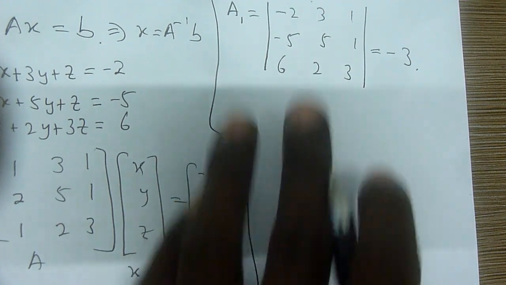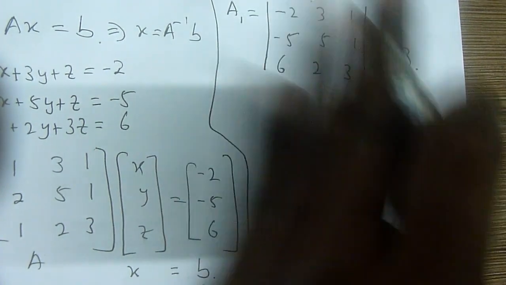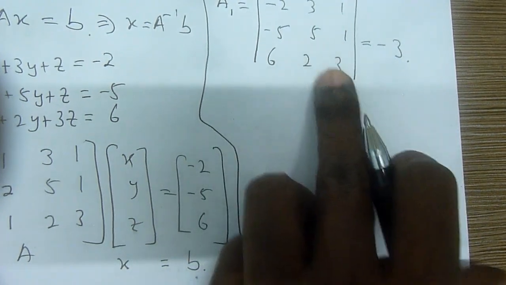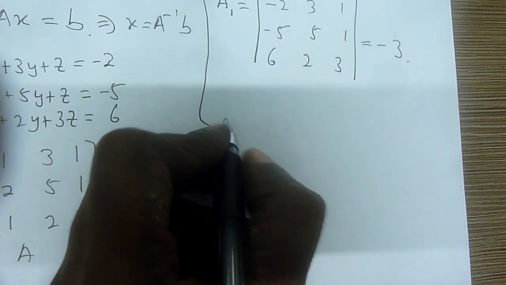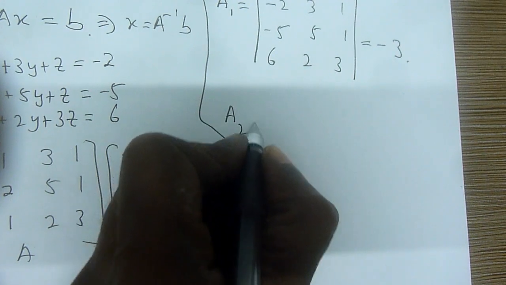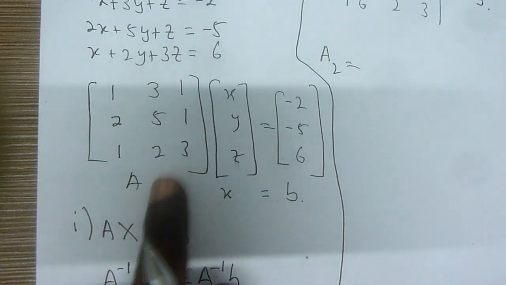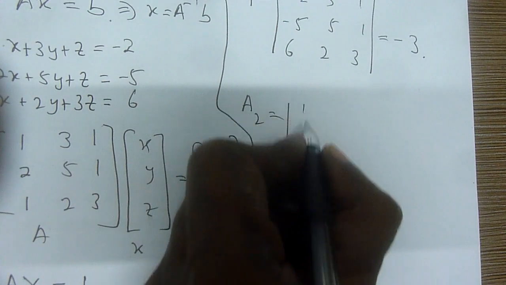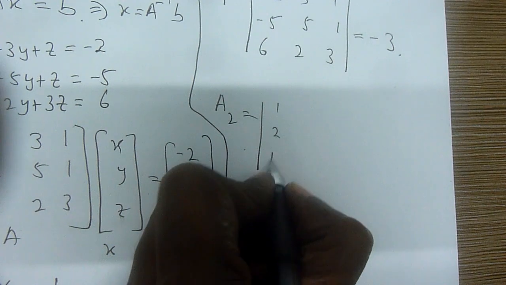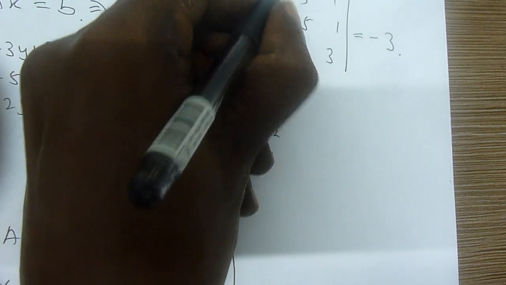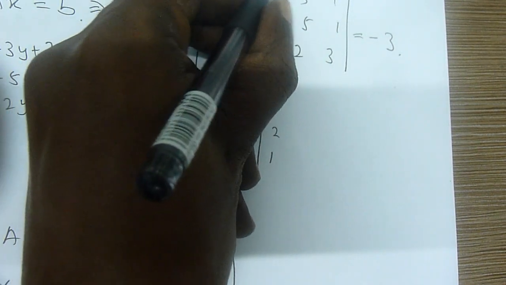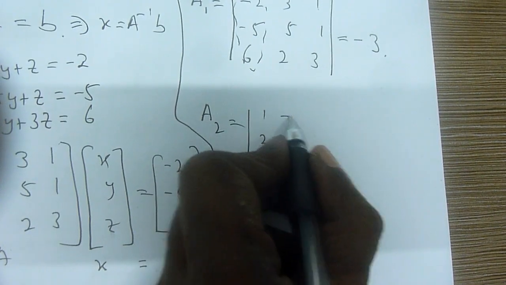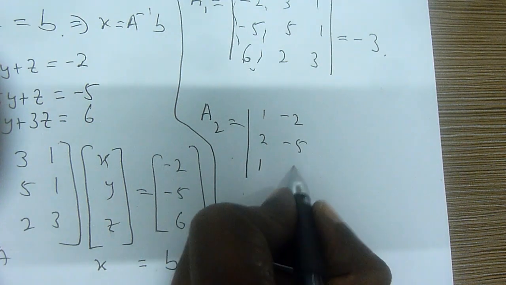Now, I will not teach how you solve the determinant. Maybe you can use a calculator or whatever, no problem, but please learn how to find the determinant anyway. A2, similarly you go to column 2. Remember that I forgot to put this, this is coming from the B. This is -2, -5, 6.